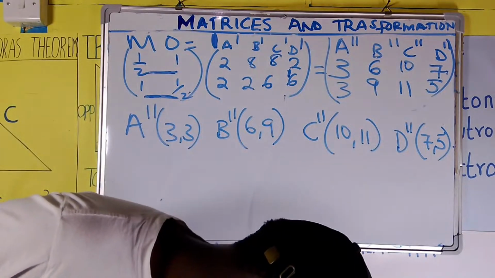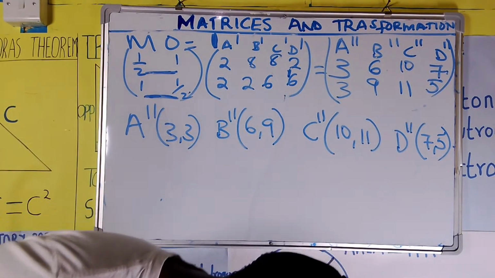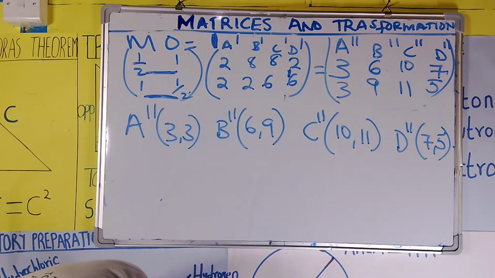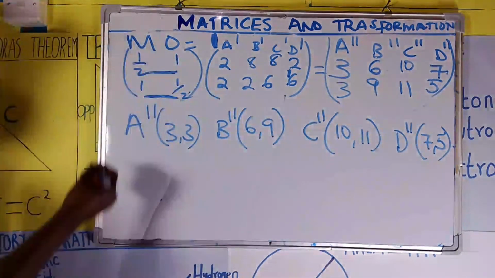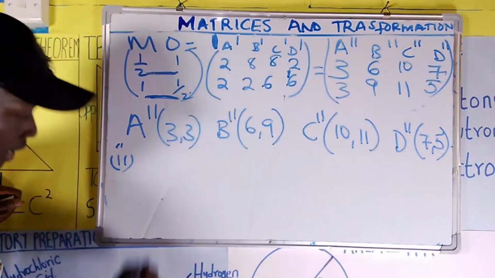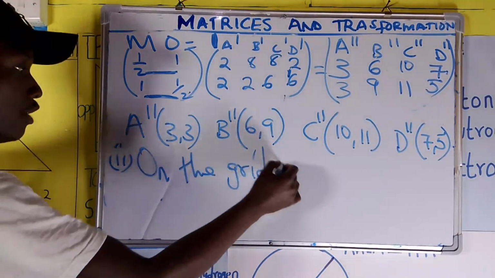Na imesema bado uplot on the Cartesian plane. Roman 2, so hiyo ni Roman 1 tumemaliza. Roman 2 inasema on the grid provided, the same grid yenye umechorea hiyo.